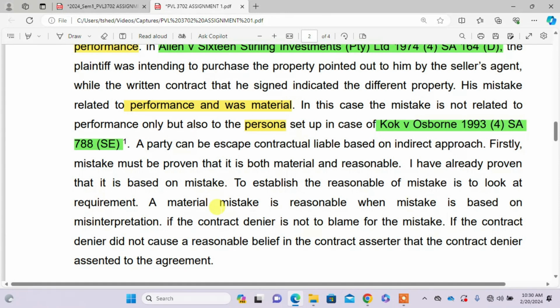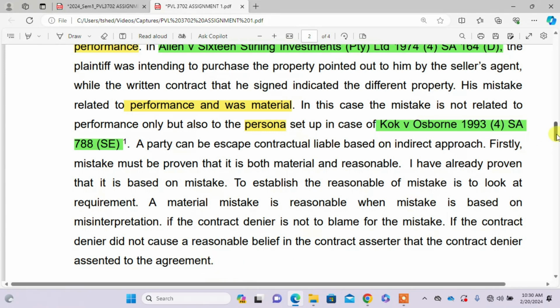A material mistake is reasonable when the mistake is based on misinterpretation, if the contract denier is not to blame for the mistake, and if the contract denier did not cause a reasonable belief in the contract asserter that the contract denier assented to the agreement.